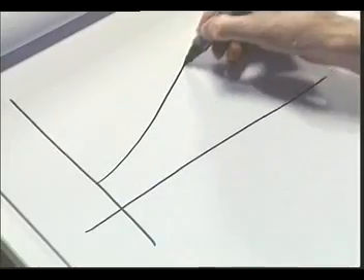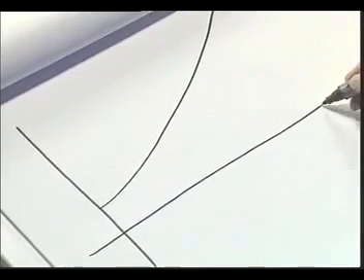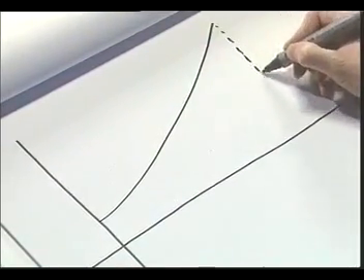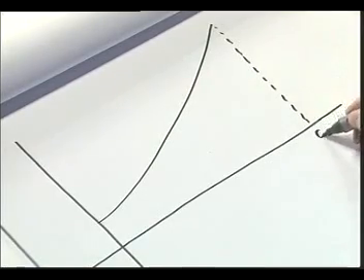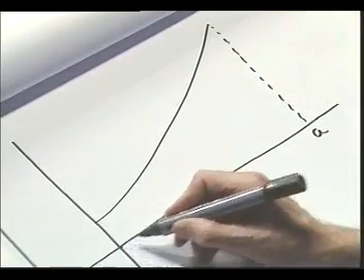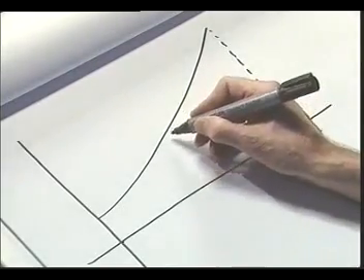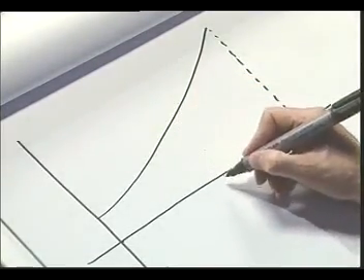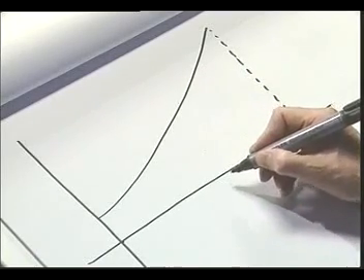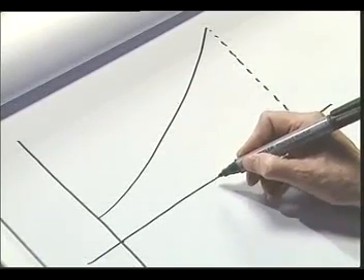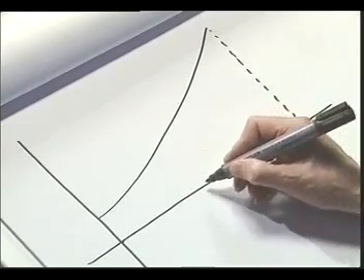So here's our curve, let's say. And again, let's say that it runs from x equals 0 to x equals a. And what we're going to do is divide the x-axis up into very, very thin strips, each one of which is of width delta x.